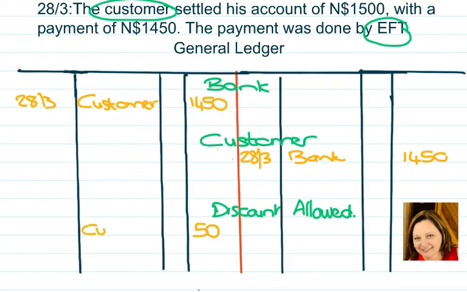And my contra will be customer. And my date is 28th of March. Where's my double entry for this $50? It is the customer. My details, my contra account is discount allowed. And my date remains the same.